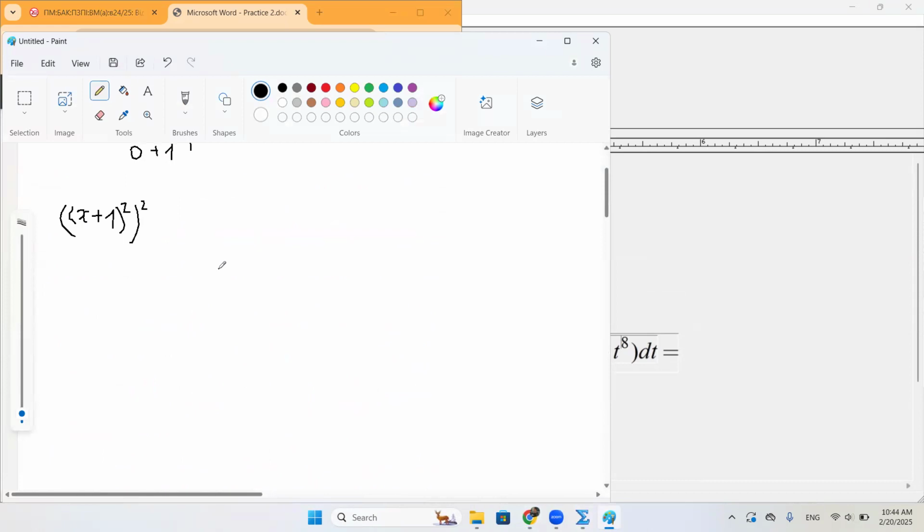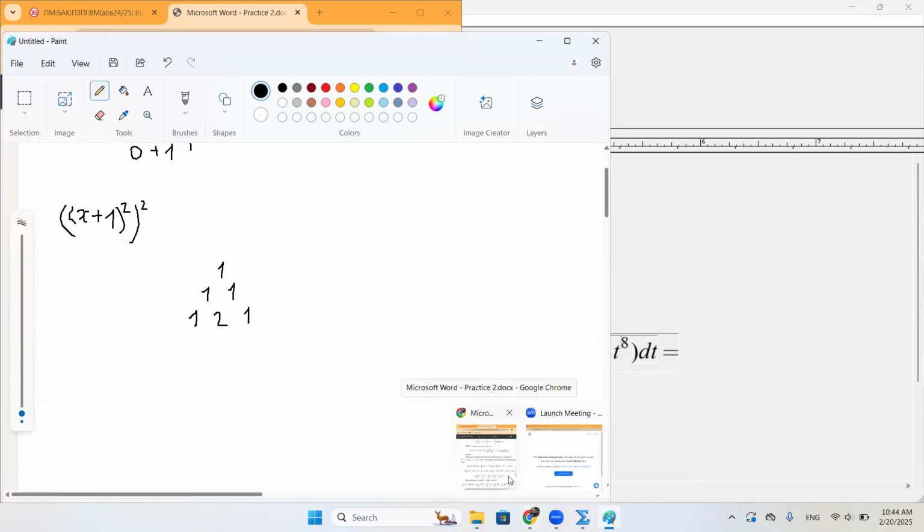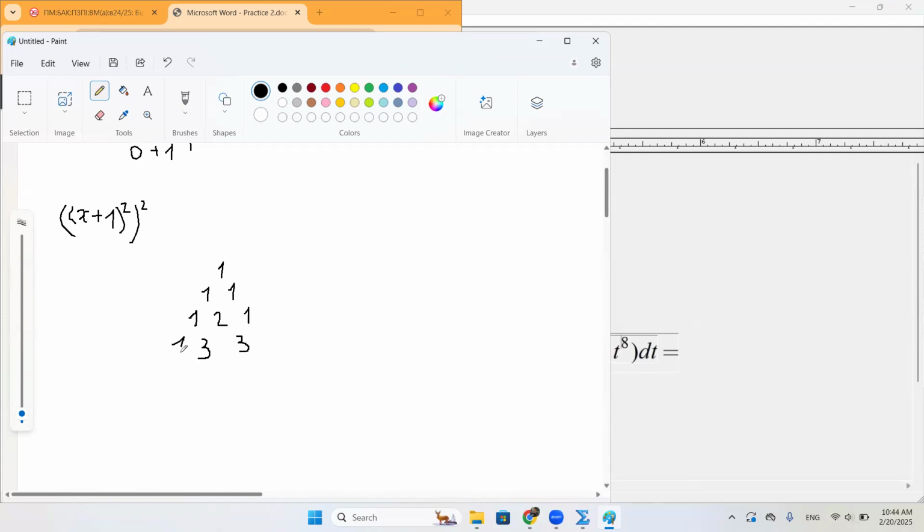But you know the triangle of Pascal. Okay, let me remember it. Actually, this is for square polynomials. So here is the sum of the neighbors at the top.